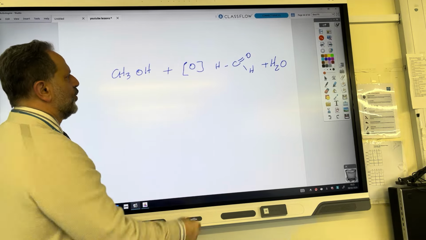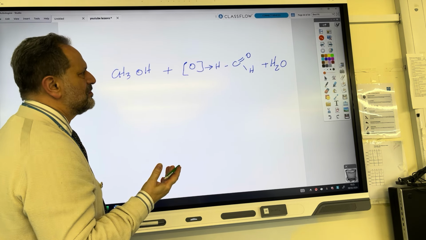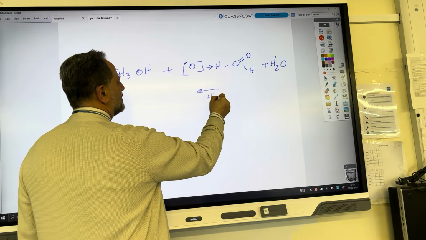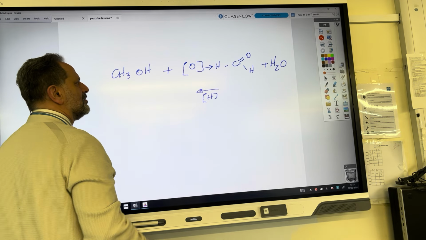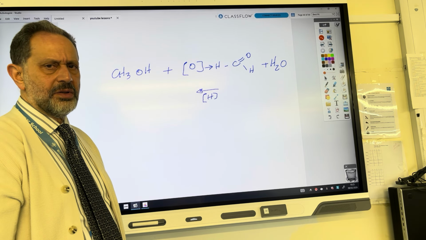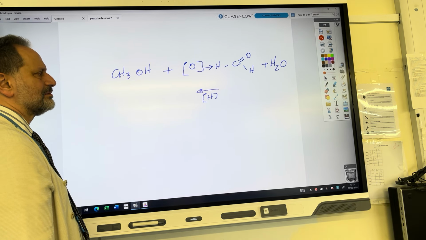Well, if we oxidize it and turn it to methanal, can we not reduce it and turn it into, well, yes, we can. Why not? But how do we actually do it?